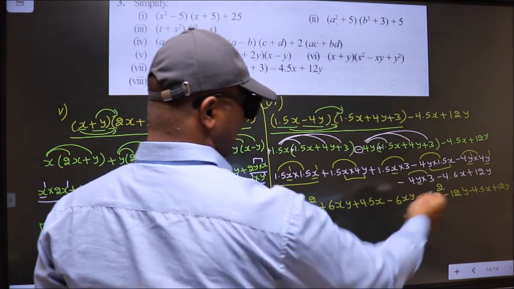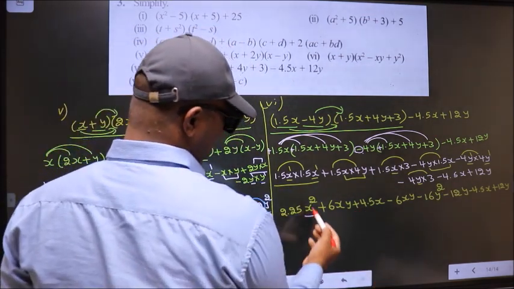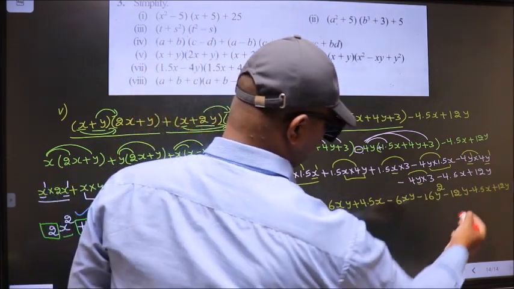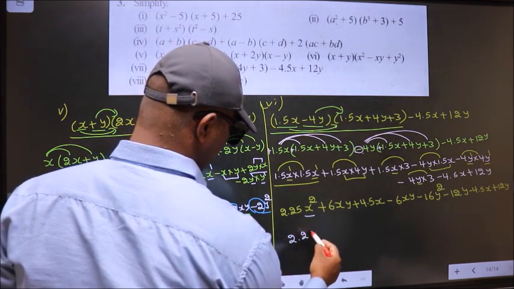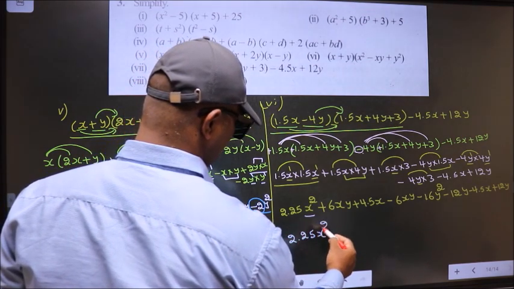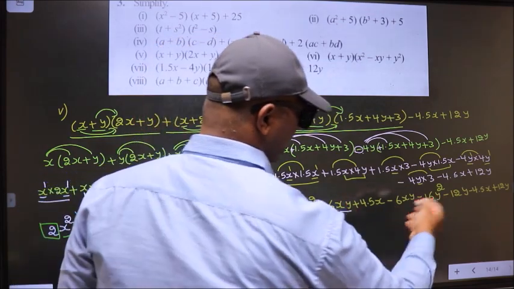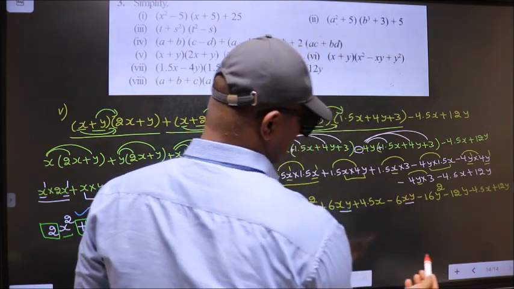Now let us simplify this entire expression. Here we have x square. Do we have anywhere x square term? No. So this you write as it is. Next, xy term. Do we have anywhere xy term? Yes, here. That's it.